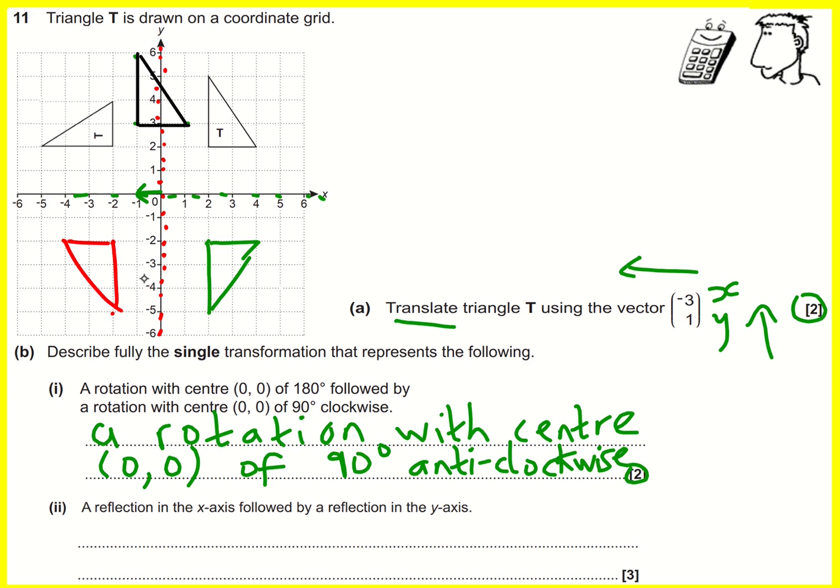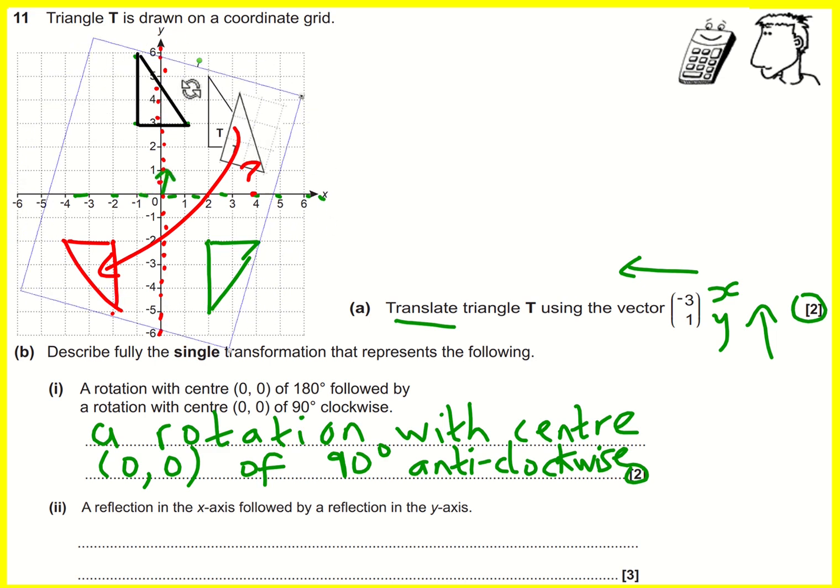So the question is, how can I go straight from here to here? That's what the question wants me to do, or indeed in general for any shape this should work. Well, let's think about it. So it's not a translation, it's not an enlargement, it doesn't look like a reflection. Could it be a rotation? It does look like it. So if we return back to our starting point, well, what if we did center 0, 0?